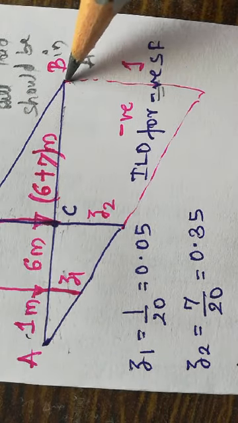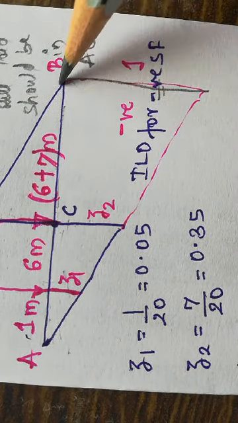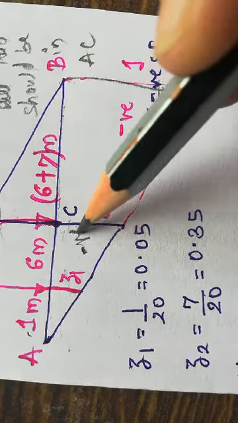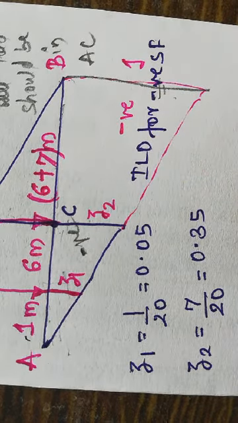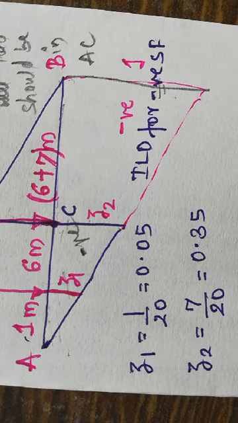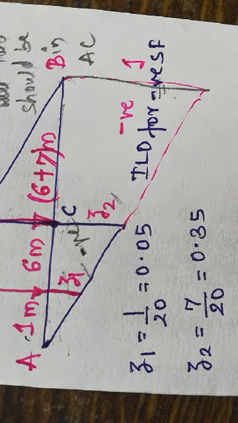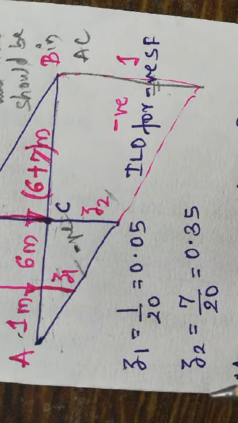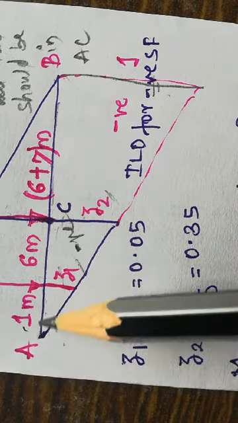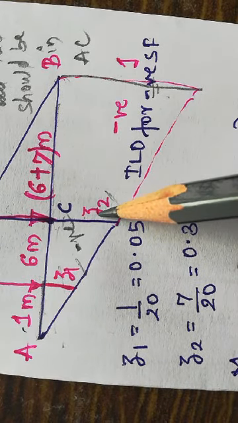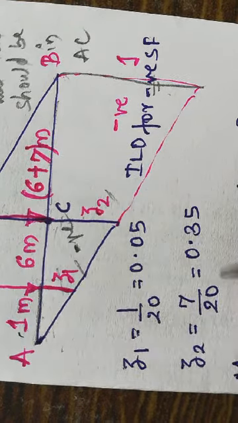Since we are calculating the negative shear force, we will be having the bottom triangle into picture. This is negative, so we use the bottom side of the shear force diagram. Again calculate Z1 and Z2. Z1 is 1 meter divided by 20 meters, and Z2 is 7 divided by 20.